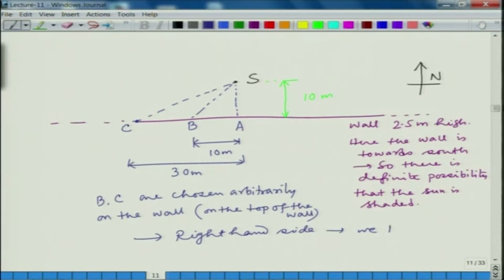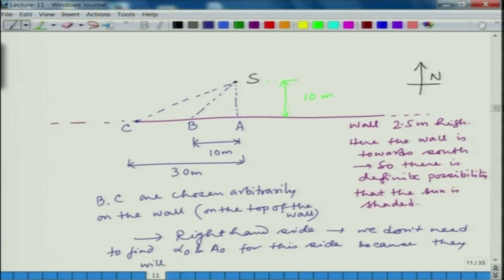So, we do not need to find alpha O and AO for this side, because they will be symmetric around point A. Okay. What do we mean by that? It will be more clear when we actually solve the problem.